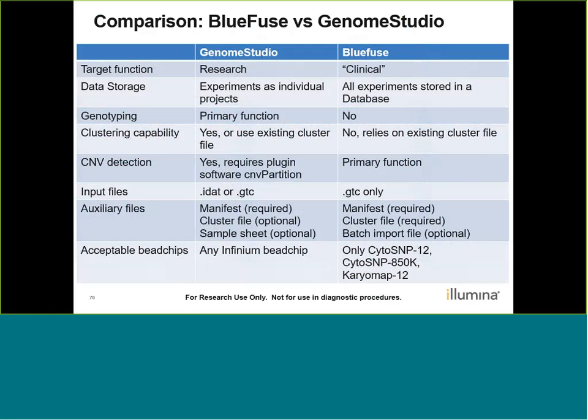Data is stored in Genome Studio as individual projects, whereas in BlueFuse, and you'll see this in a moment, all experiments are stored in a compiled database. In Genome Studio, genotyping is the primary function. In BlueFuse, CNV analysis is the primary function.